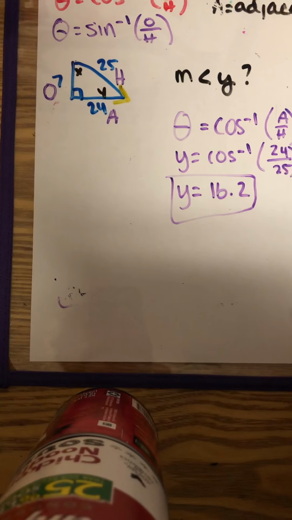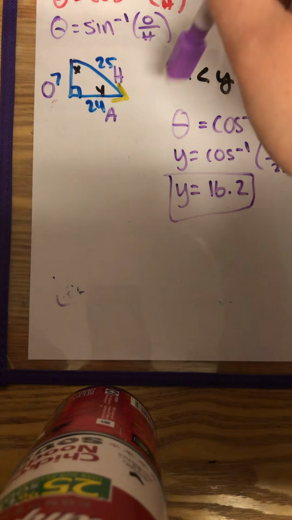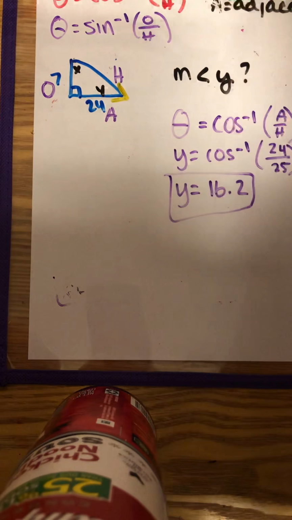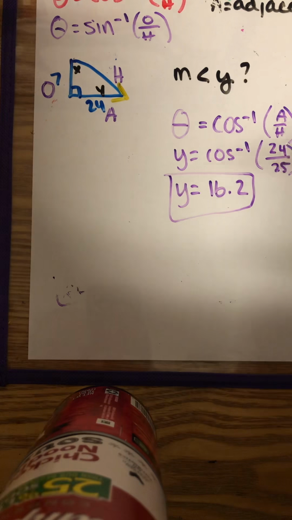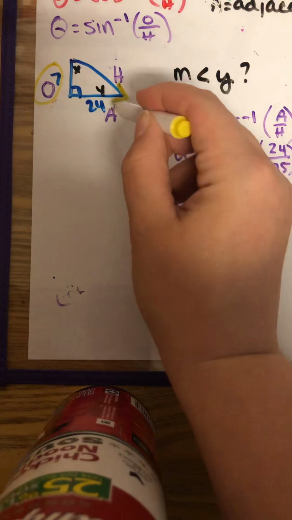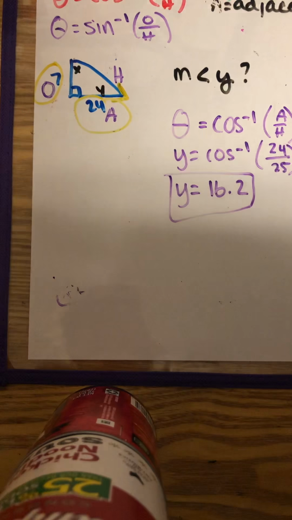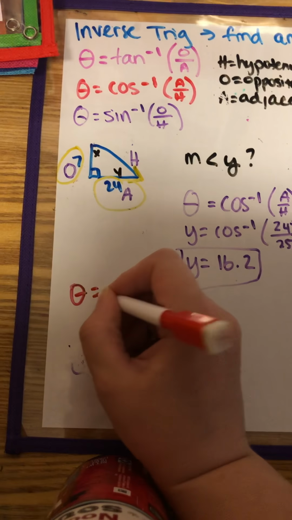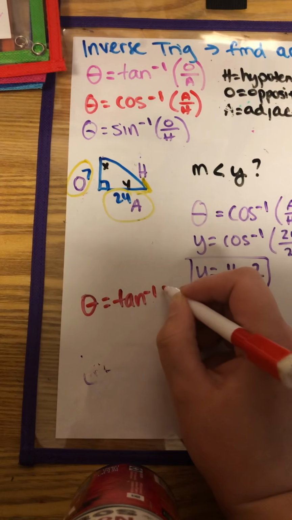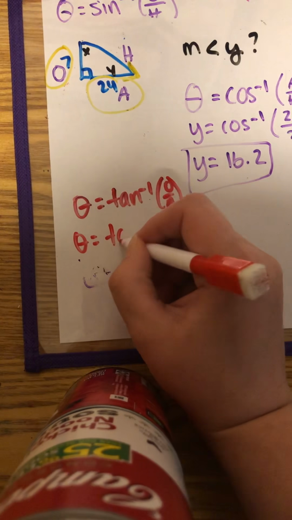Okay? And again, they could choose to limit our information. They could leave that off. And so with that one, again, I need to look and see what information do I have that I can use. I can use this 7, I can use this 24, so I have O and A. So if I look, which is going to let me use O and A, and this is the first one, tangent is O over A. Plug in what I know.